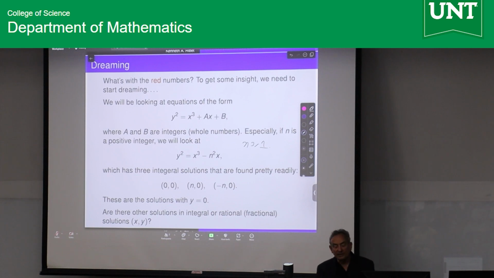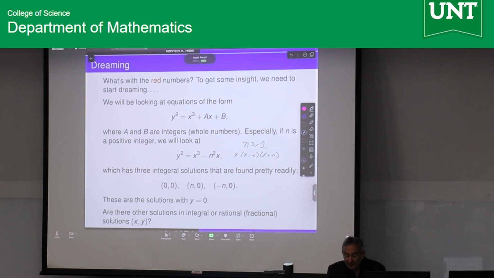And the reason we're looking at this elliptic curve is to see whether or not the integer is, in fact, a congruent number. And if you factor this cubic equation, you see that it has x and x minus n and x plus n as its three factors. So these are distinct factors. The roots are distinct. They're 0, n, and minus n.